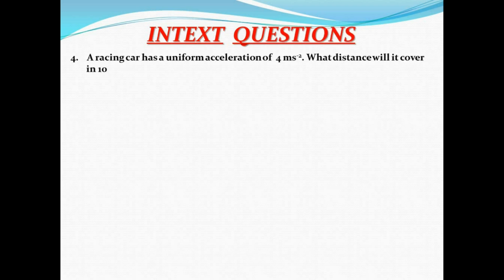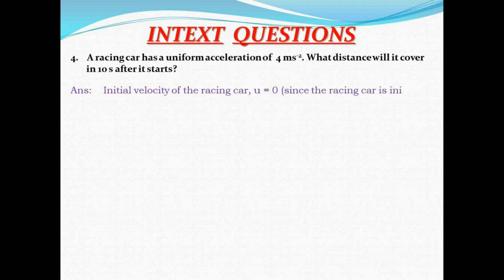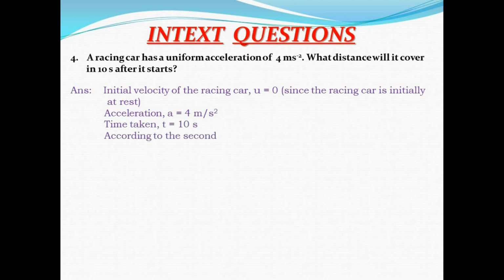Fourth, a racing car has a uniform acceleration of 4 meter per second square. What distance will it cover in 10 seconds after it starts? So here it's given that initial velocity of the racing car u equals to 0 since the car is initially at rest. Here acceleration a equals to 4 meter per second square and time taken is also given, that is 10 second.